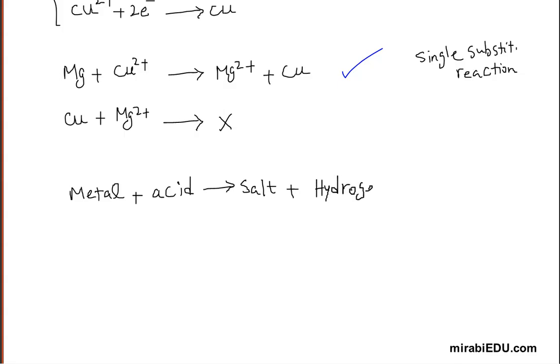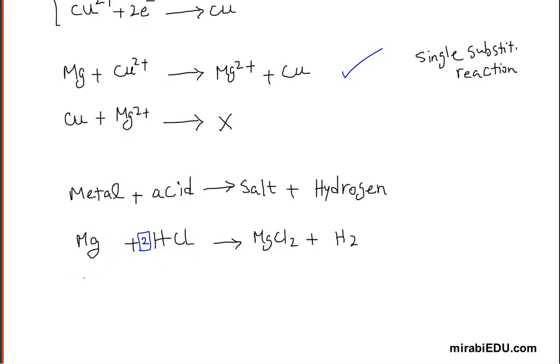For example, magnesium plus hydrochloric acid will give magnesium chloride plus hydrogen. To balance it, we need to put a coefficient of 2 here, and all the others are 1.